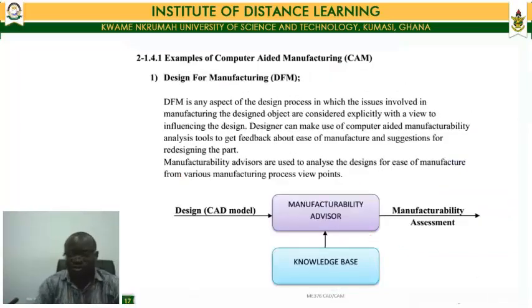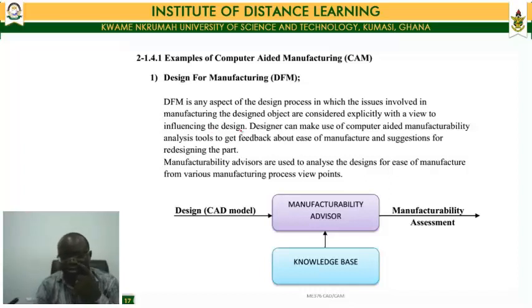Now, when it comes to examples of computer-aided manufacturing, we take a number of them. The first is design for manufacture, or design for manufacturing, DFM. This is an example of a computer-aided manufacturing philosophy where any aspect of the design process in which the issues involved in manufacturing the object are considered with a view of influencing the design.